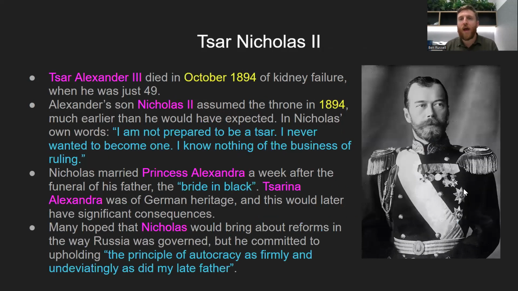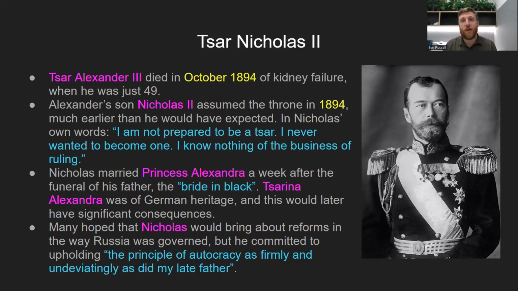So let's have a look at the reigning monarch, Tsar Nicholas II. Tsar Alexander III died in October 1894 of kidney failure. He was only 49 years old, and his son Nicholas II assumed the throne in 1894. Now, this was much earlier than Tsar Nicholas would have expected.